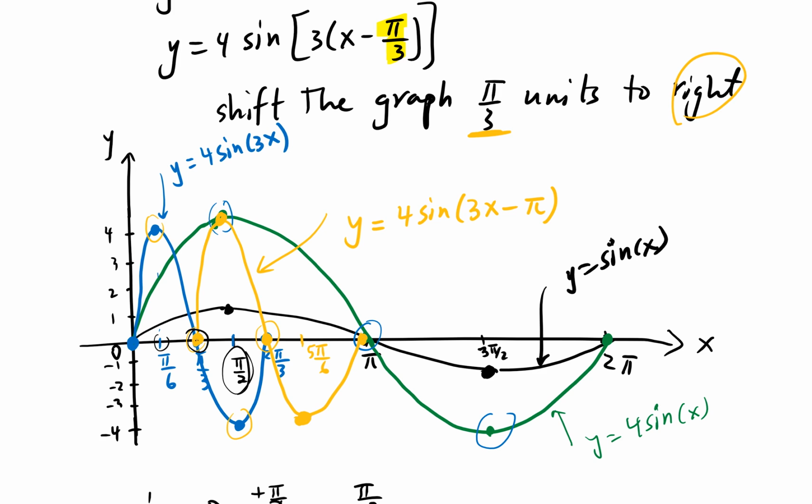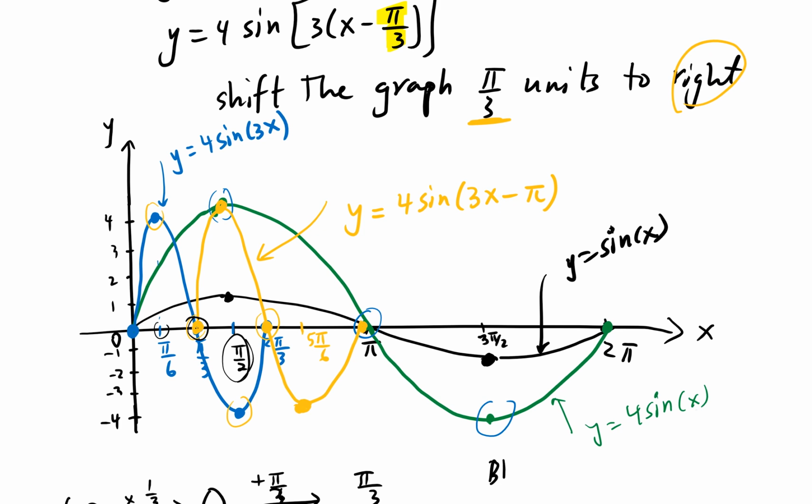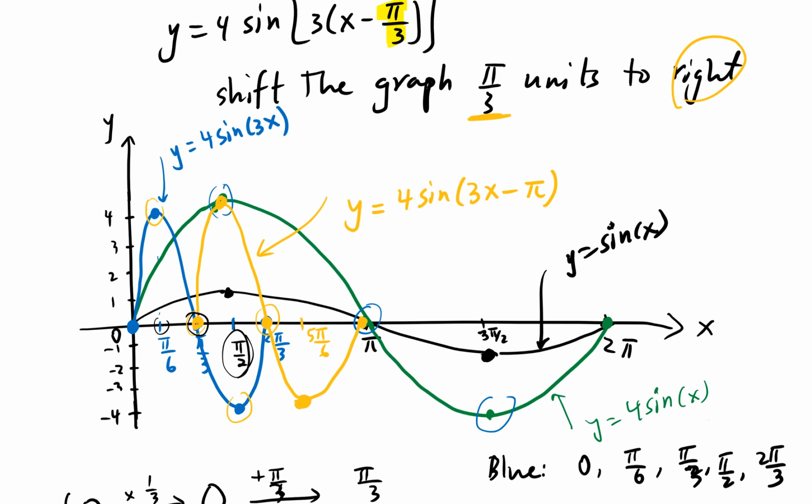Then the last one, we just shifted everything to the right pi over 3 units. The easiest way to do that is take the x values for the blue curve. The blue curve had 0, pi over 6, pi over 3, pi over 2, and 2 pi over 3. When we say shift it to the right pi over 3, add pi over 3 to each one of them.